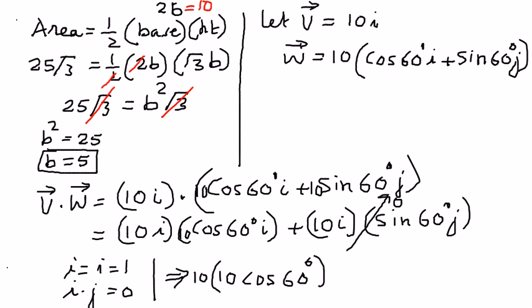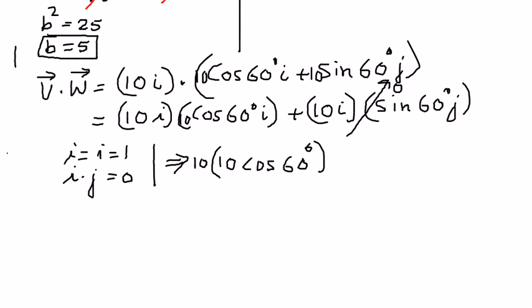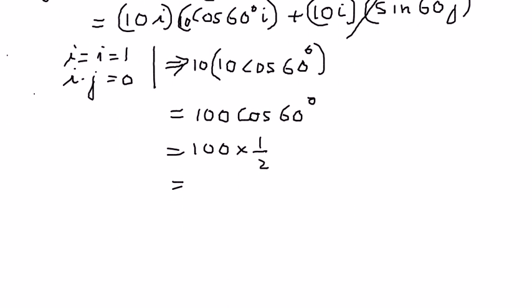So 10 times 10 is going to be equal to 100 cosine 60 degrees. Therefore, 100 cosine 60 degrees, with cosine 60 degrees equal to 0.5 or 1/2, so 100 times 1/2 is going to be equal to 50. So vector v dot vector w is going to be equal to 50.